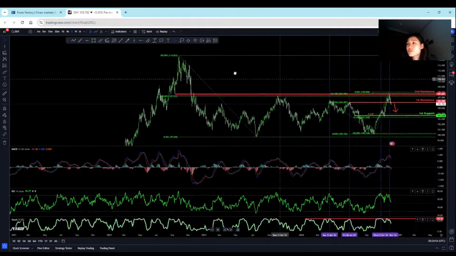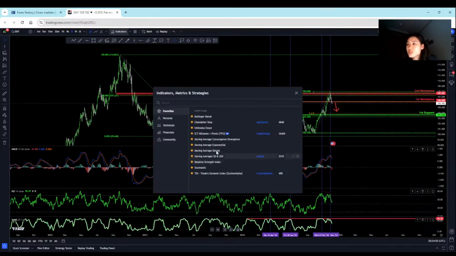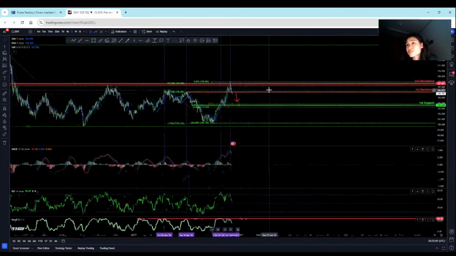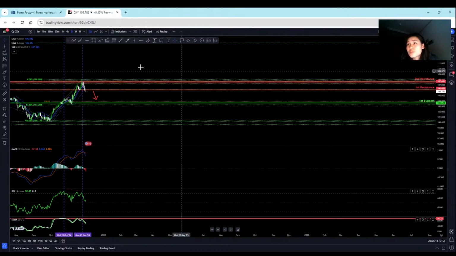Let's take a look at our moving averages, as well as parabolic SAR, just to compare. Let me zoom in.